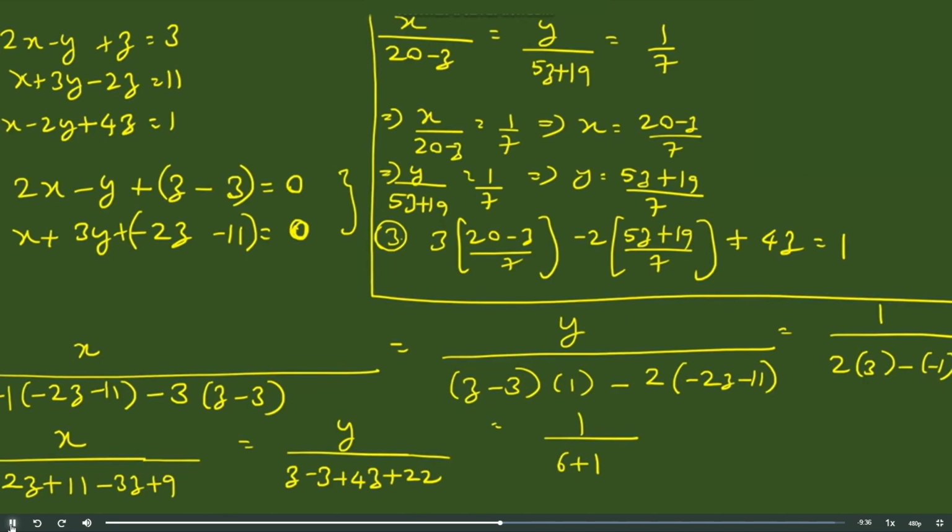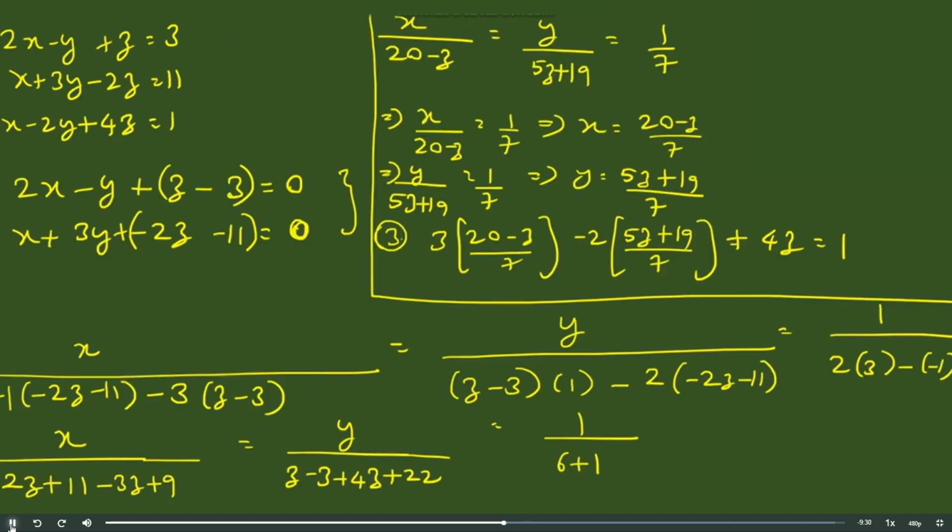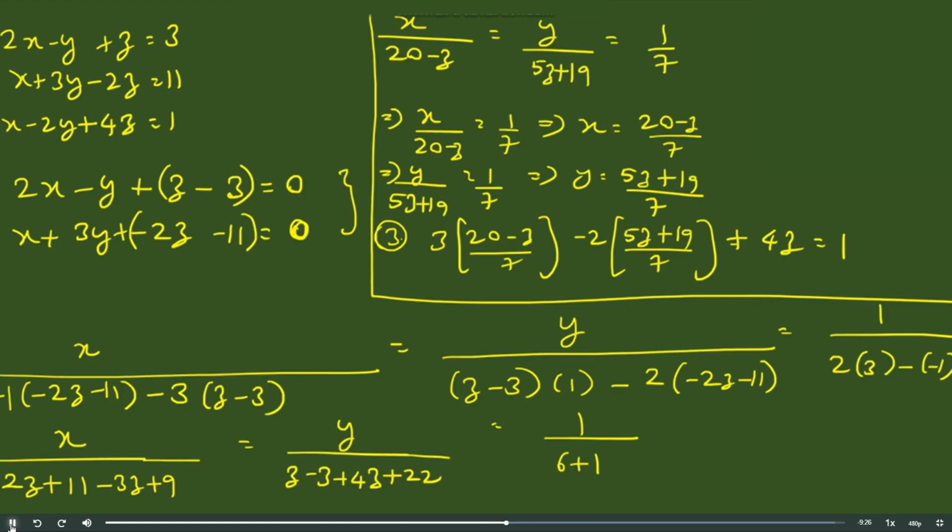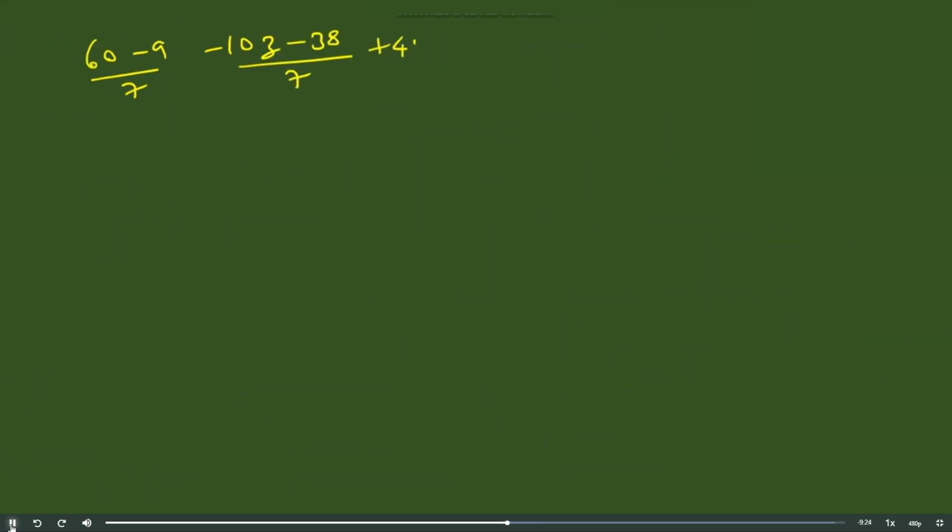Now 60 minus 9z by 7 minus 10z minus 38 by 7 plus 4z equals 1.